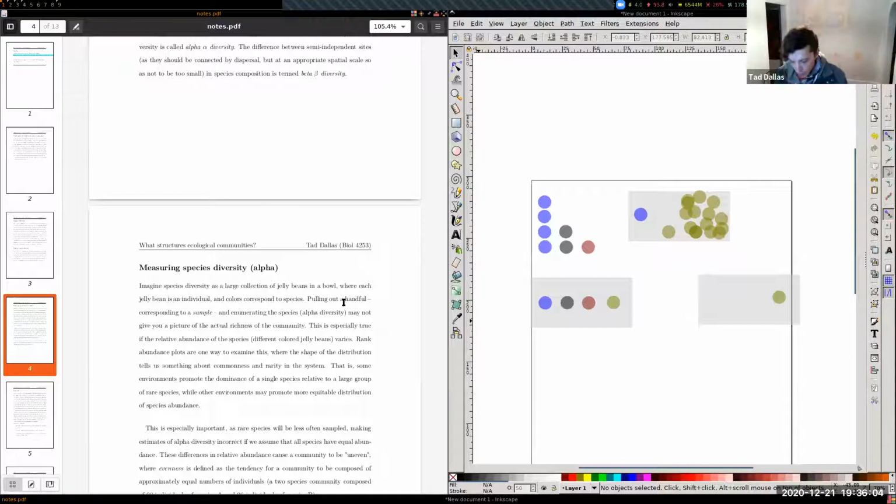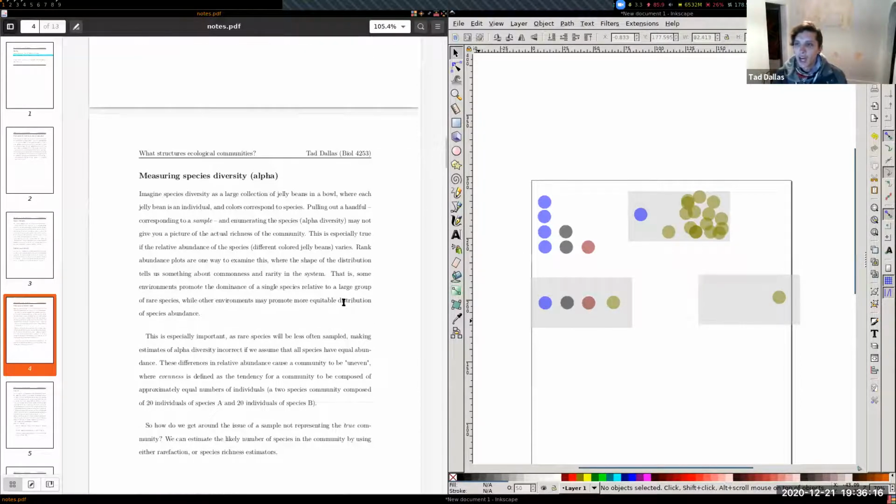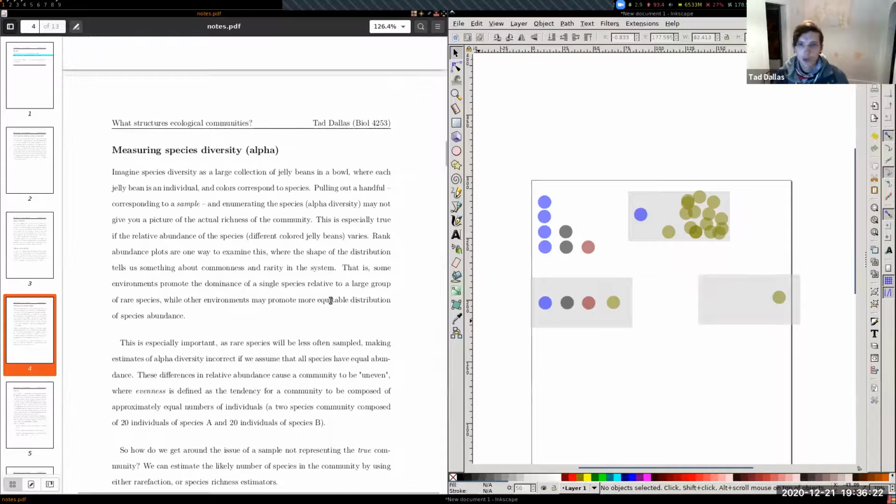Now that we understand what these different forms of diversity are, alpha diversity, beta diversity, gamma diversity, we can start thinking about how we actually go about measuring them. Instead of talking about the concepts as if they're completely abstract, we're going to talk about the fun nuances in the measurement of things like alpha diversity.